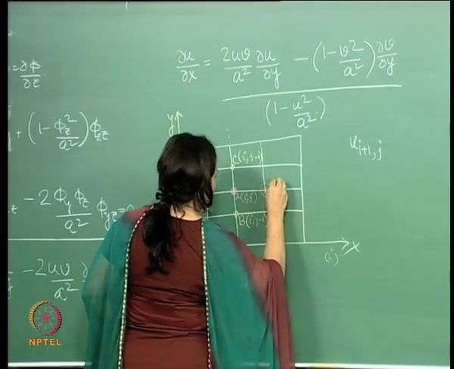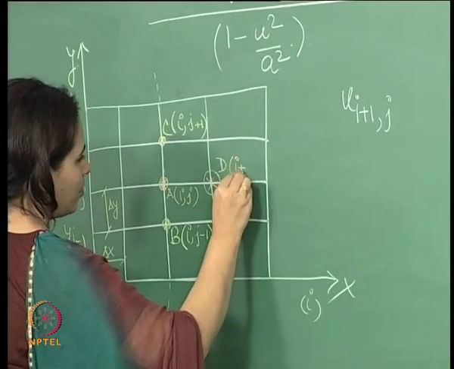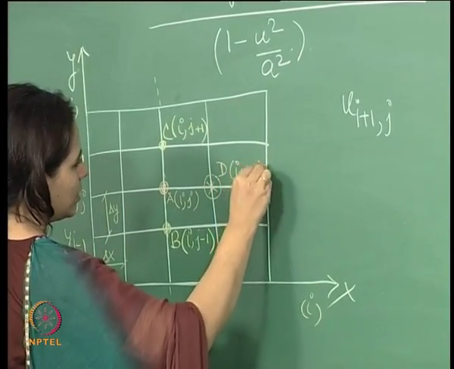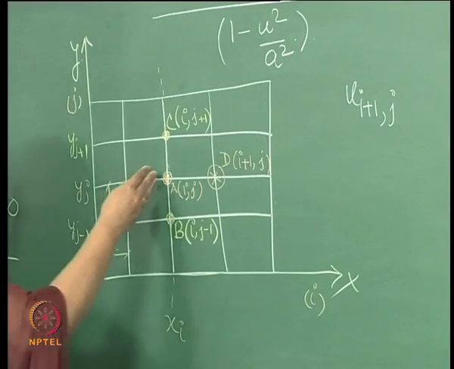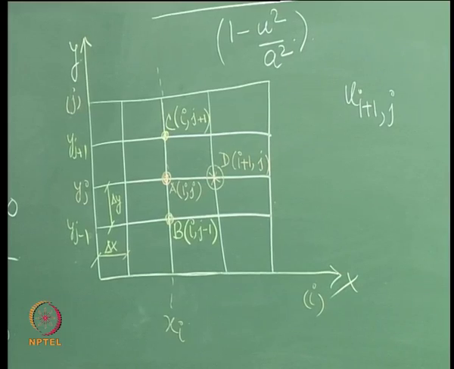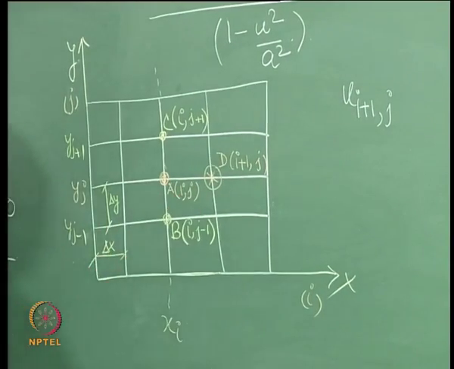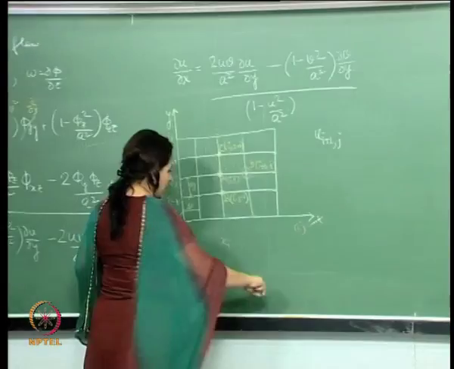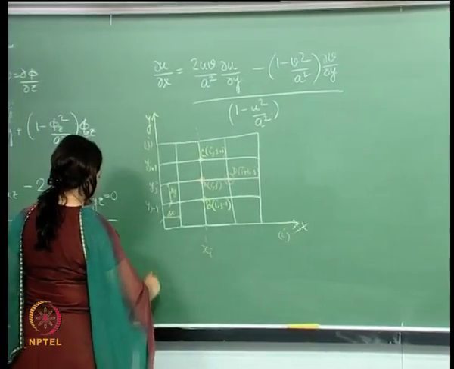We've advanced 1 delta x in the x direction. If I had to calculate that, let us write this out in a Taylor series.